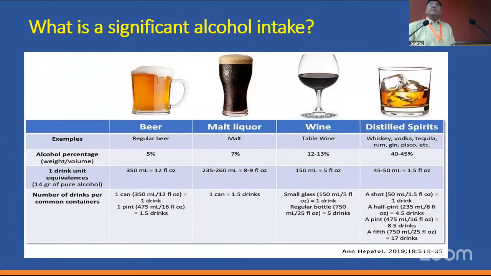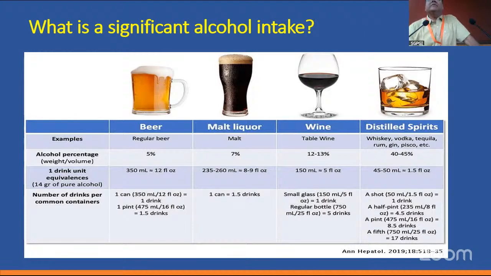So now, how much alcohol is safe? How much alcohol causes fatty liver disease? Before we know, we should know how we measure alcohol. This is approximately how we calculate, when we take history from a patient, how much alcohol he has taken. In beer, we assume that 5 to 7% absolute alcohol is there. Wine has 10 to 15%, and all other strong drinks have 40 to 45% absolute alcohol.